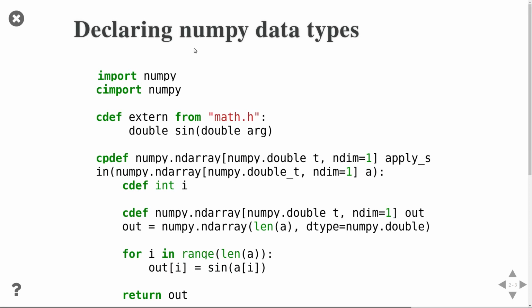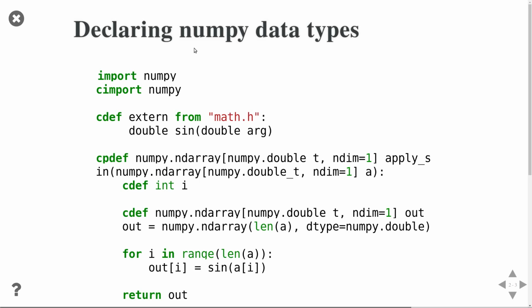Now I can go ahead and do exactly what I've done before and declare the NumPy data types for my implementation. It looks a bit messy at first, but it's not that complicated. This is the function definition, my apply sinus.